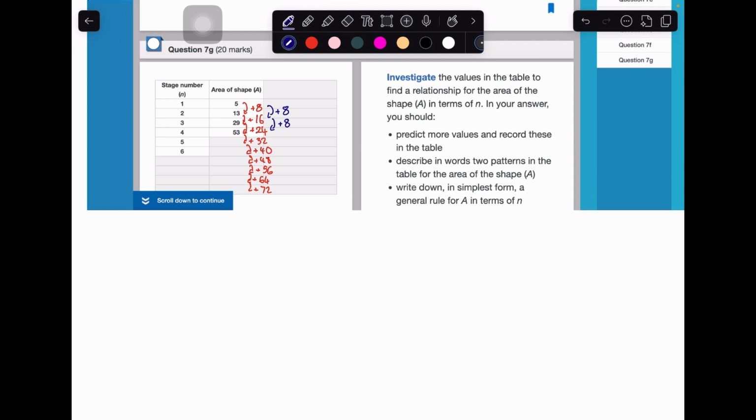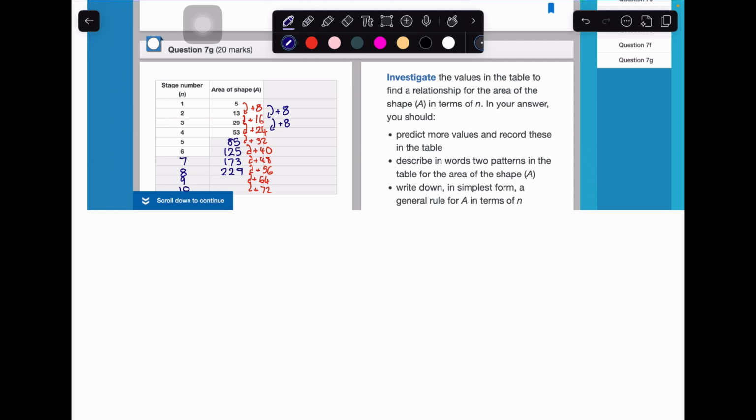So we've got 53 plus 32. That would give me 85. Then 125. Then 125 plus 48 is going to give me 173. Then plus 56, so 229.